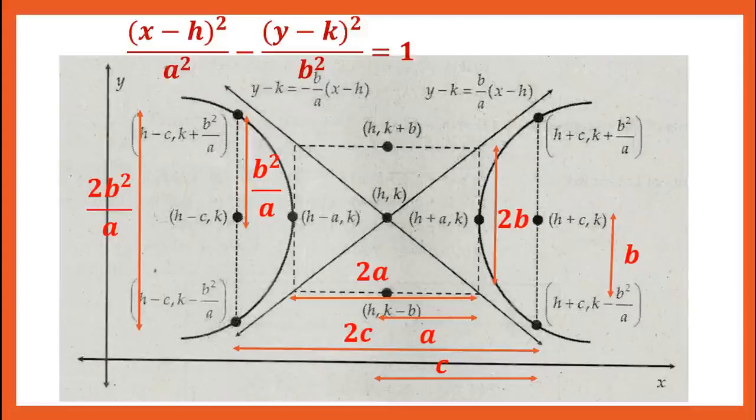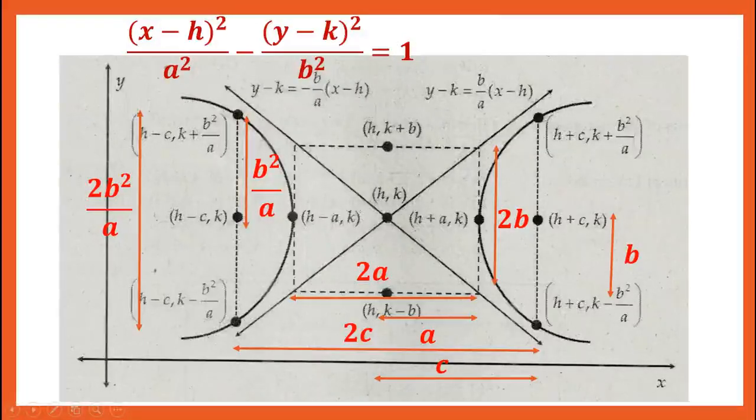So ibig sabihin, ang kanyang location will be, i-add lang natin yung b squared over a or isusubtract natin yung b squared over a dun sa kanyang ordinate na k. So that will be (h minus c, k plus b squared over a), (h minus c, k minus b squared over a). Okay?